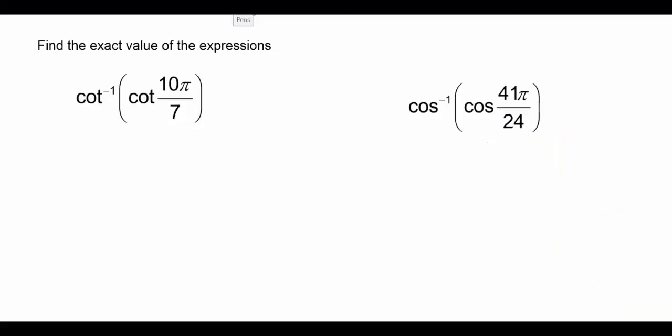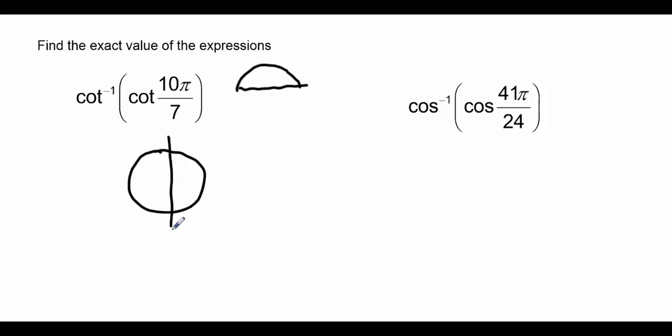Do a couple more. And here we have a cotangent function. So we know, since we're talking about cotangents, we're going to be talking about inverses that lie between 0 and pi. If I take a look at 10 pi over 7, I look at a circle and I say 10 pi over 7 exists somewhere in the third quadrant.